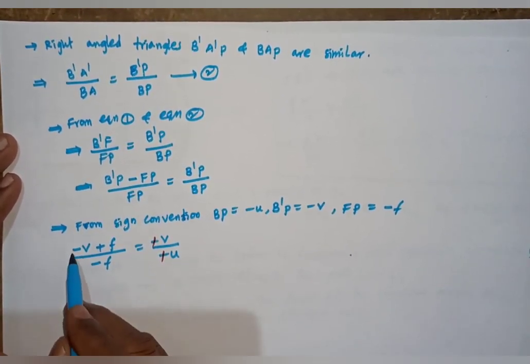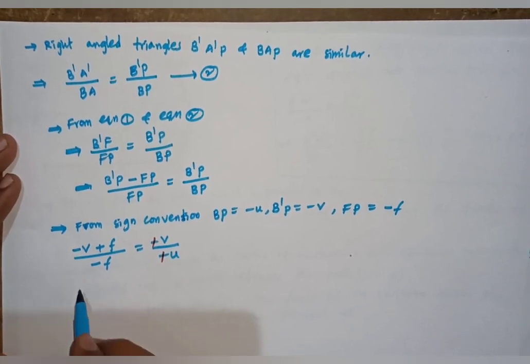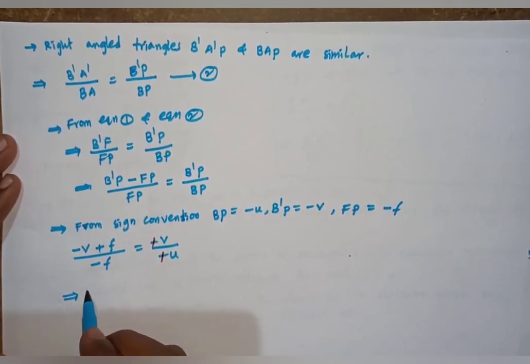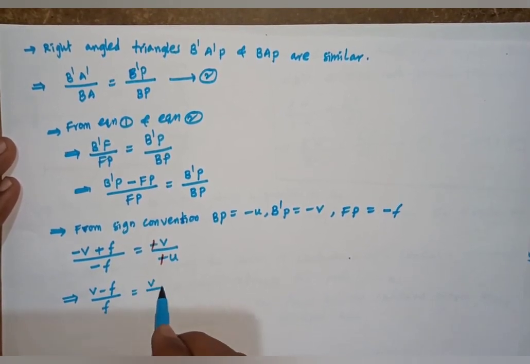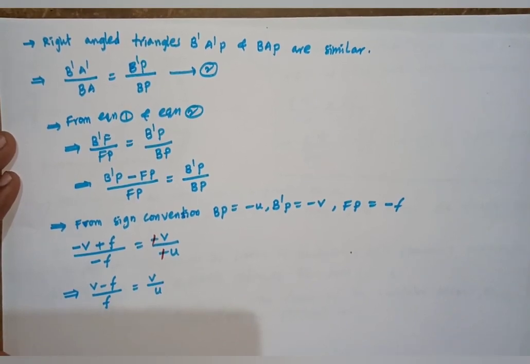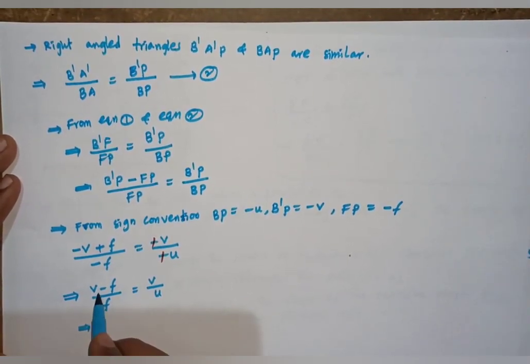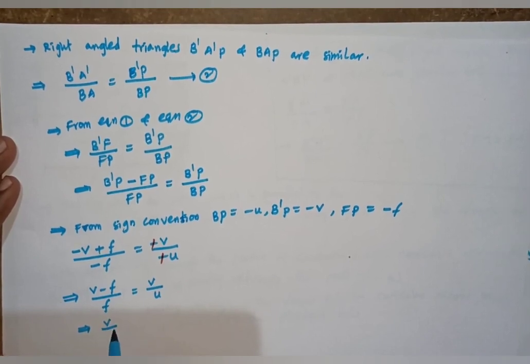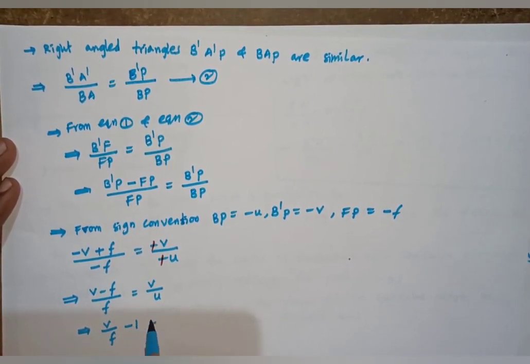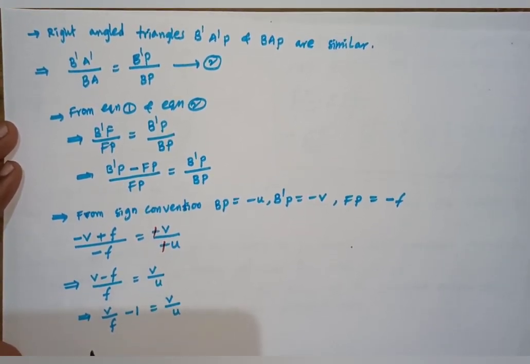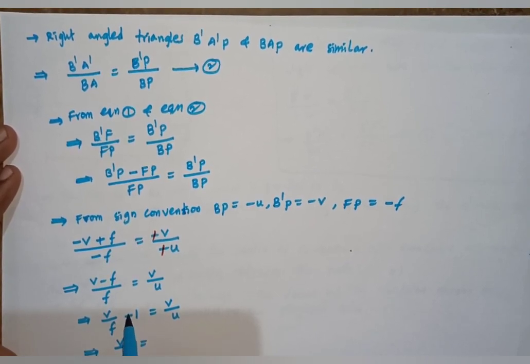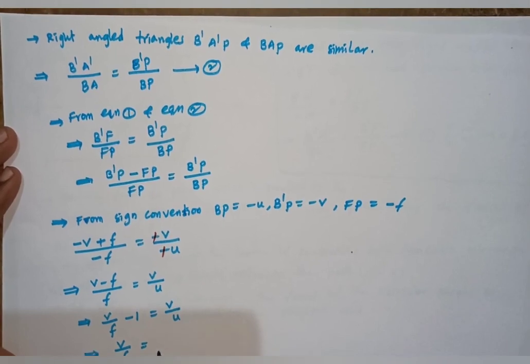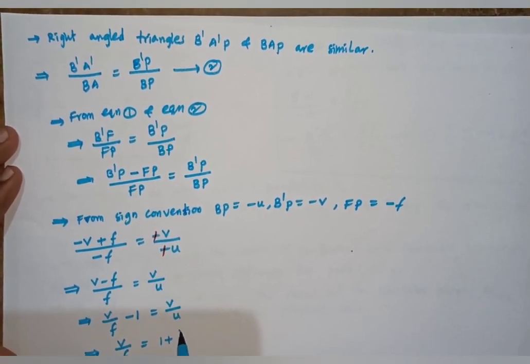When we take the negative common, then (v minus f) divided by f equals v by u. Okay, here v by f minus 1 equals v by u, and v by f equals, minus 1 goes to the right side, 1 plus v by u.